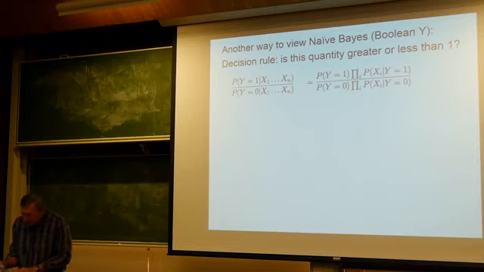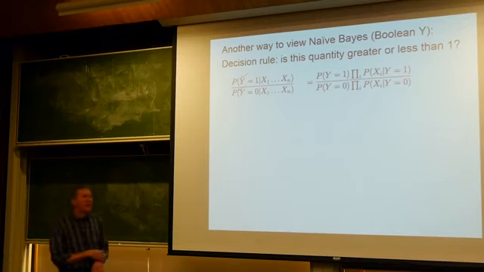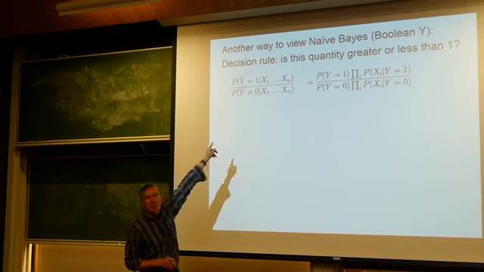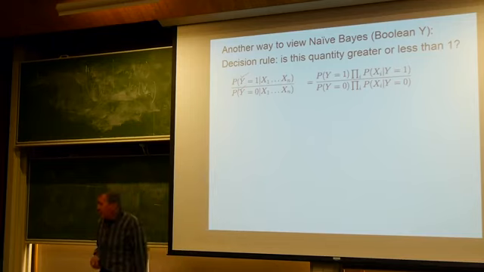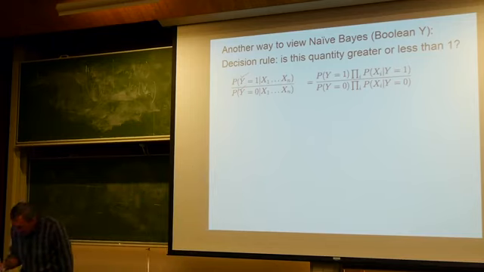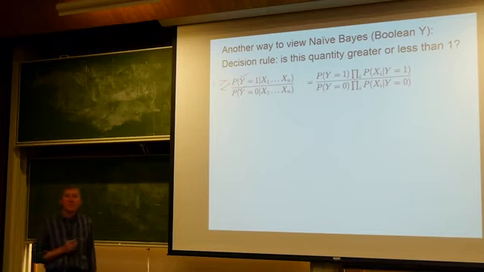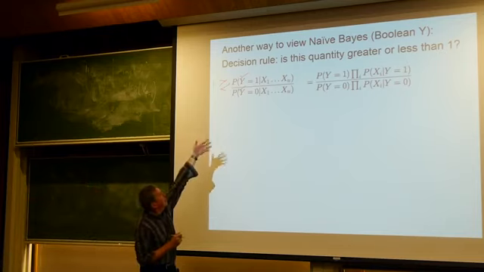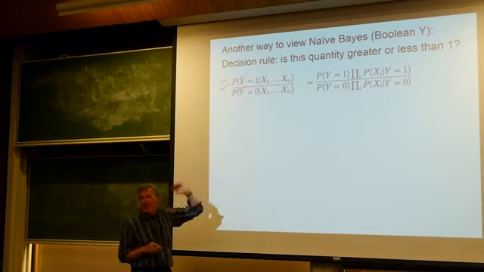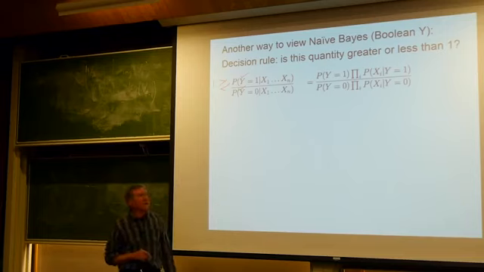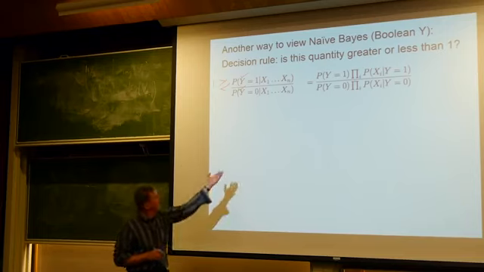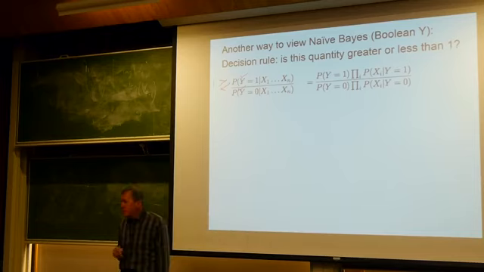We can certainly calculate this probability and this probability using naive Bayes. If we look at the ratio of those, then of course we're going to classify the example as y equals 1 depending on whether this quantity is greater than 1.